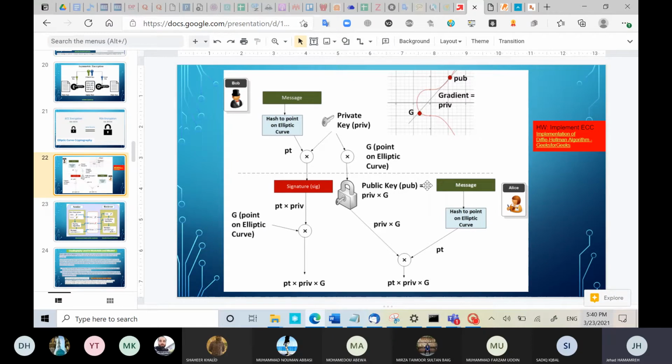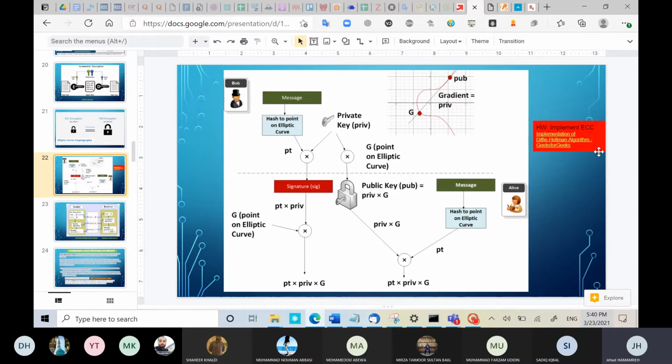You multiply this signature by another point on the elliptic curve, and you get the output, something like your private key multiplied by the message multiplied by the point on the elliptic curve. The private key can also be used with the public key and the point on the elliptic curve to send your message to the intended user. You sign it and let him know that you are the authentic user who is talking with him.